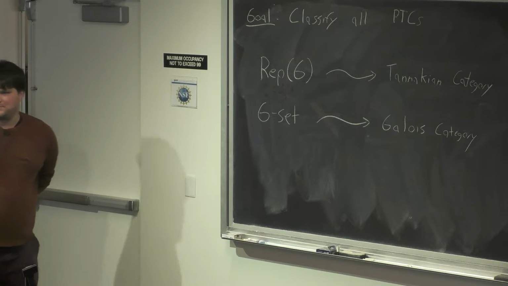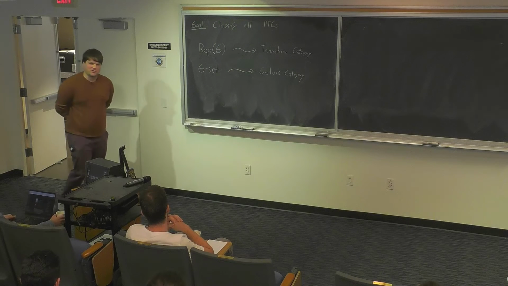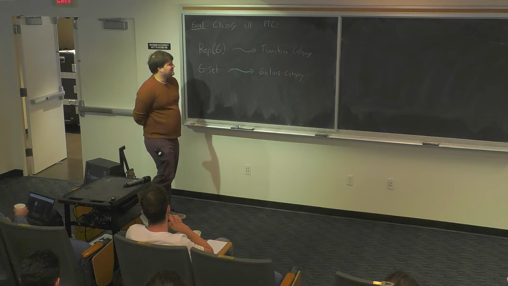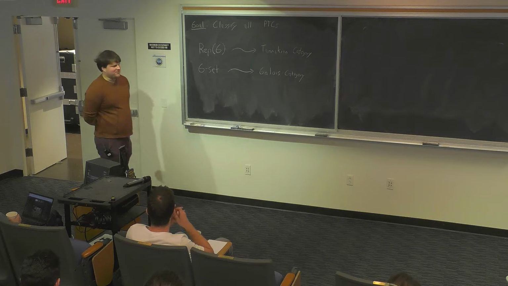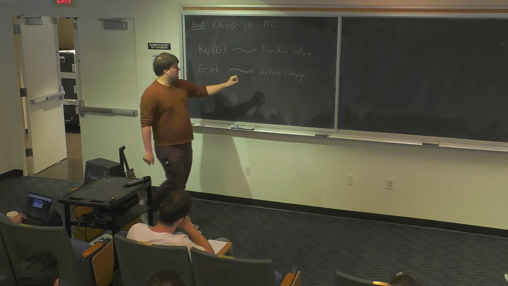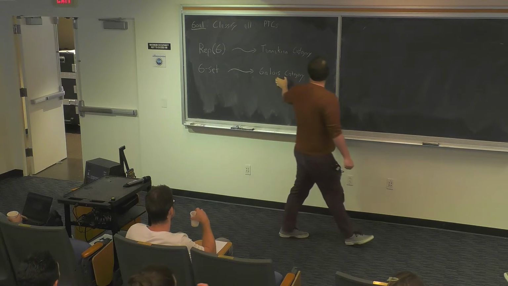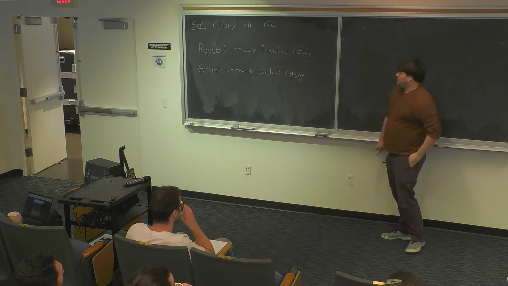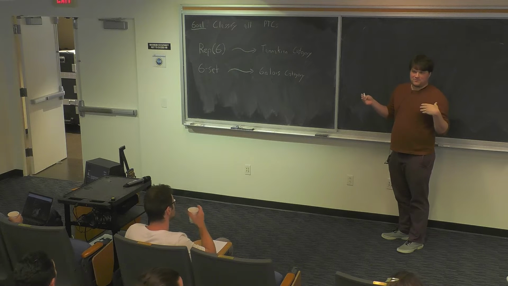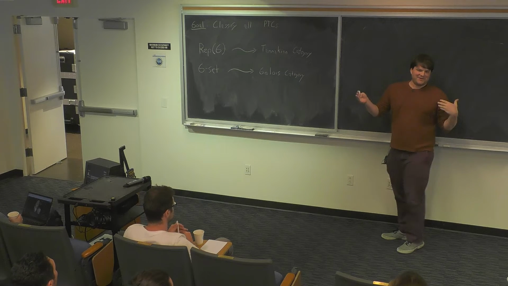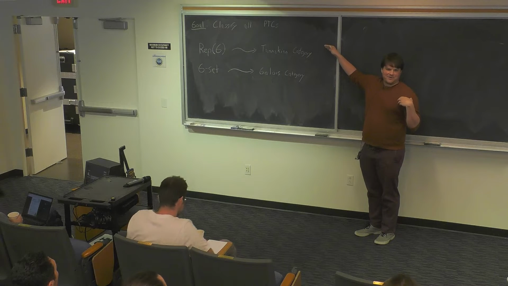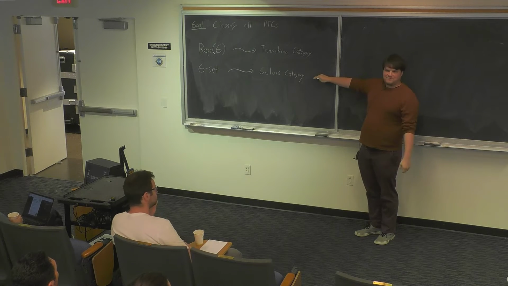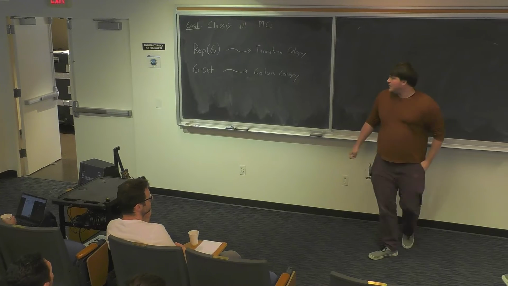And I'm not going to assume most of you know this story, because it's maybe less standard for this crowd. So I want to go through what this is before generalizing it to what we call pre-Galois categories, which are going to be the analogs of pre-Tannakian categories, but in this discrete version instead of linear version.